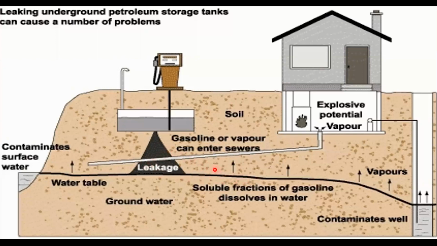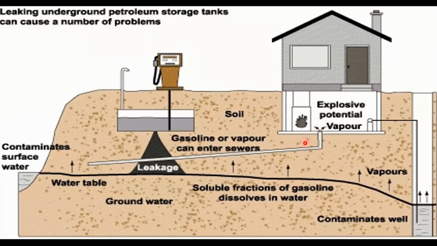Now, the more troublesome component here are the vapors, because gasoline is volatile. It will volatilize, and when it is in the soil, it can get into a sewer pipe. Sewer pipes are not hermetic, and they have many cracks and open joints, and the vapors can enter and get through the sewer pipe and so into the home and create a potential for explosion.